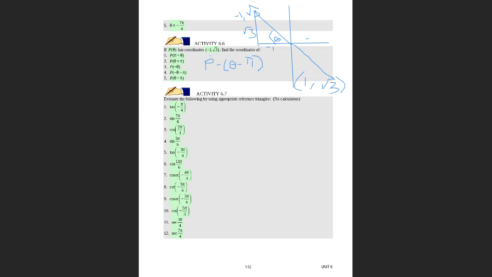See that we are here. Let's look at it again. When you are here, sorry, it is 1 and negative square root of 3. See that here, your x is positive, your y is negative.